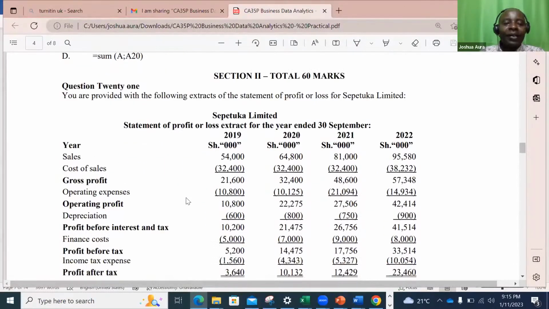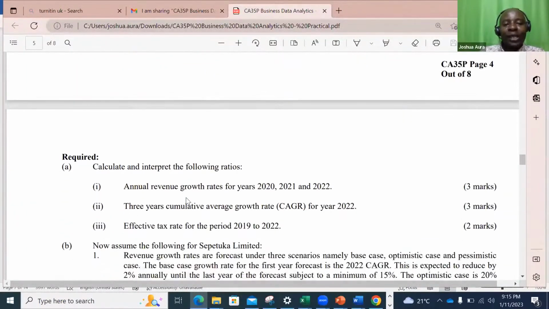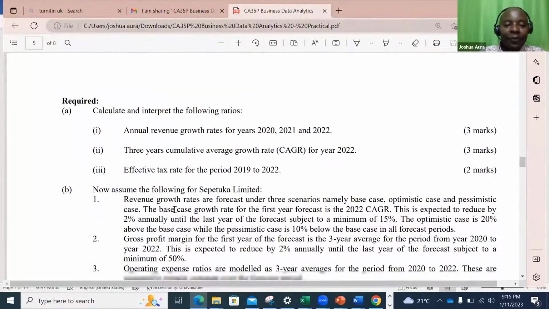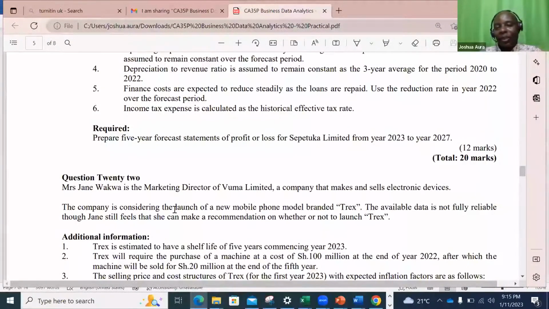And then now we have section 2 here. Section 2, like here, calculate annual gross revenues, etc. Like this forecasting question was a heavy one, but I've been able to do solutions for them.